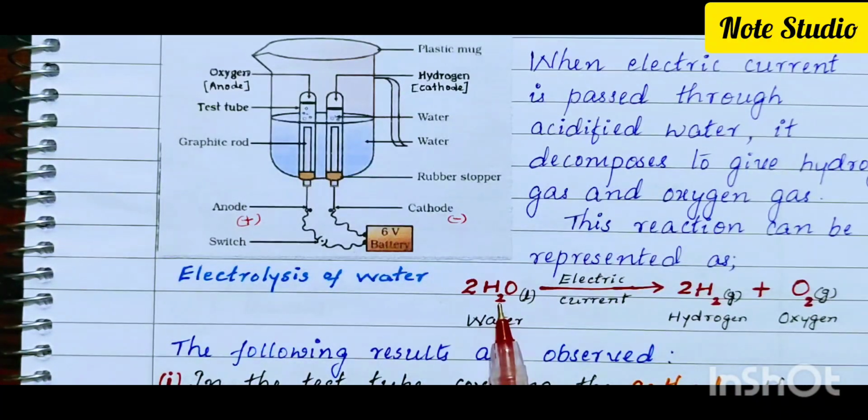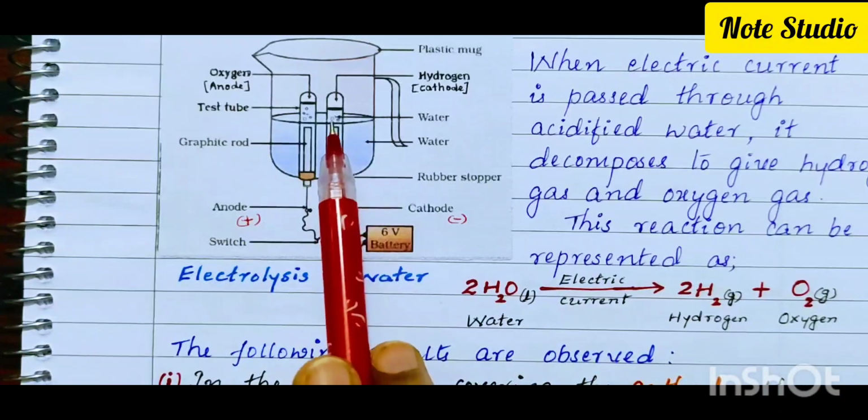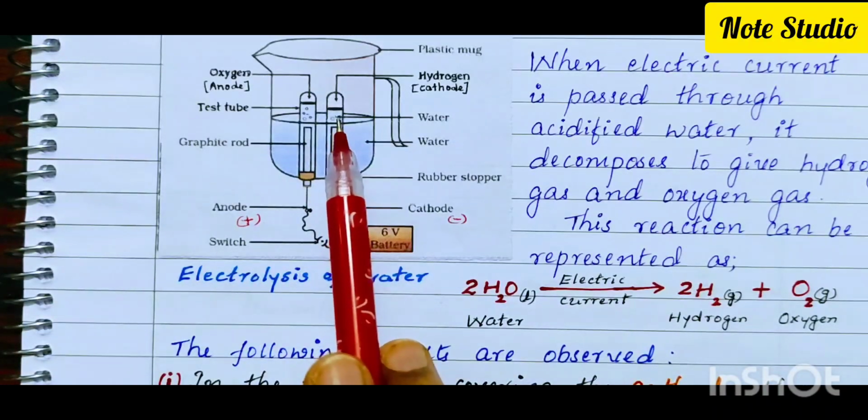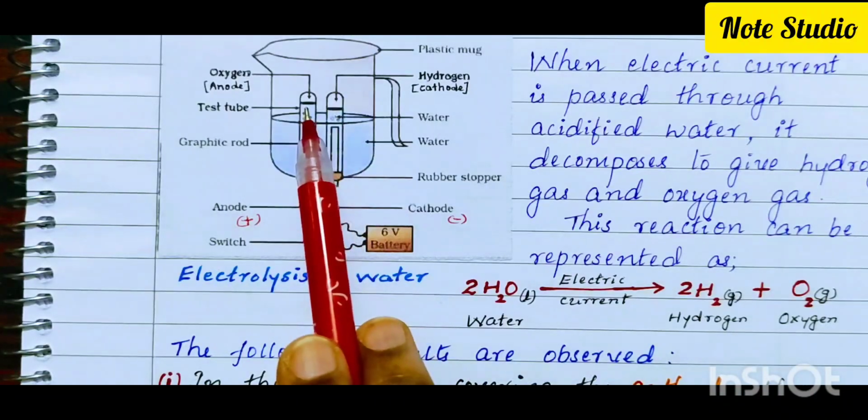One molecule of water contains two atoms of hydrogen, and when we balance the equation also we can find that two water molecules produce two molecules of hydrogen gas and then one molecule of oxygen gas. So double the amount of hydrogen gas is present. That's why in the experiment also we are getting double the amount of hydrogen gas than oxygen.